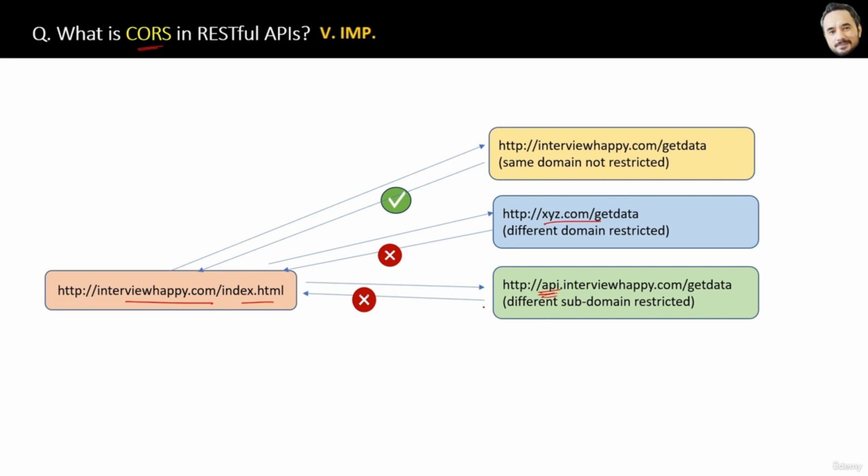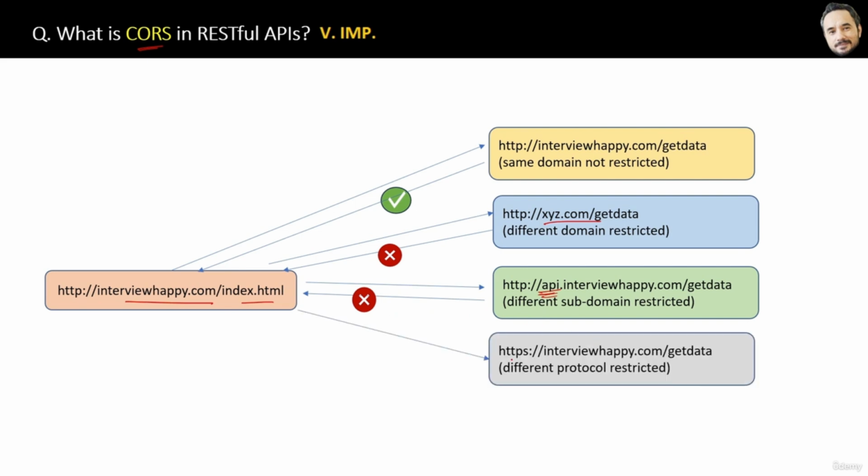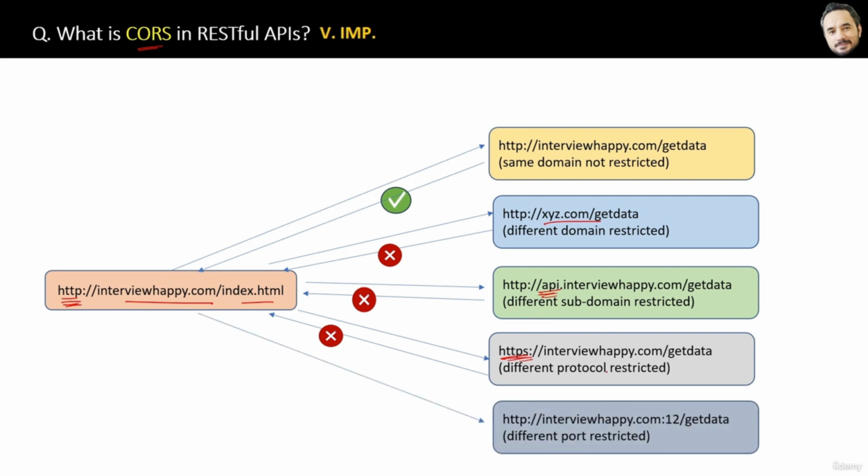Third case is when the domain or website name is the same, but you are requesting from HTTP, but the sender is HTTPS. Then also CORS will restrict data sharing. And the last case is if the port number is different, then also CORS will restrict. Remember, this is the default behavior of CORS restrictions.